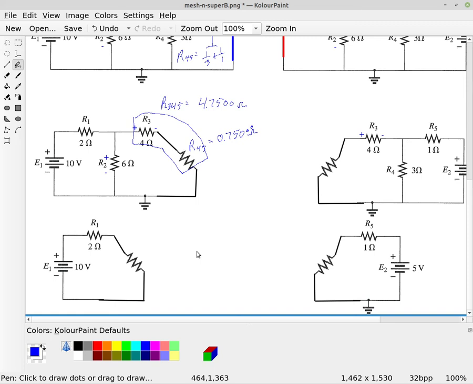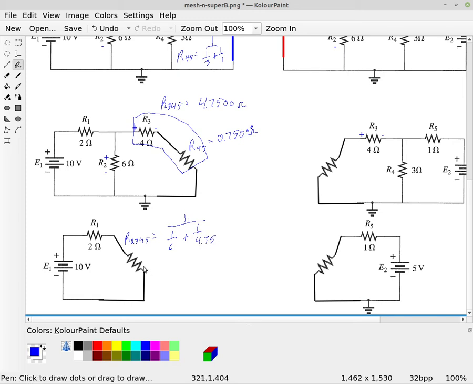Alright, so now we have this resistor here, R345, which is in parallel with R2. So that gives me a resistor R2345, which is 1 over 6 plus 1 over 4.75, and then the reciprocal of that.